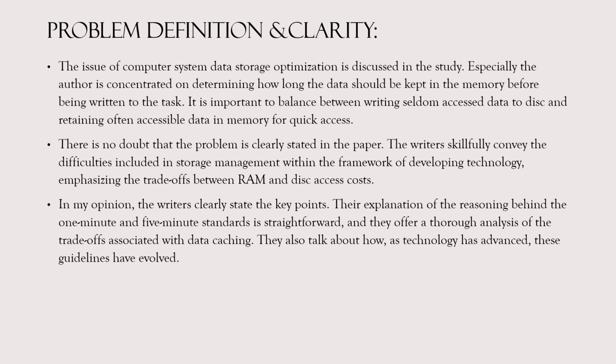The reason I'm giving this presentation is that it's a review of what I have understood from the paper, and whether the author makes the important issue, the problem, clear or unclear. Yes, the issue of computer system data storage optimization is very well discussed in this paper.